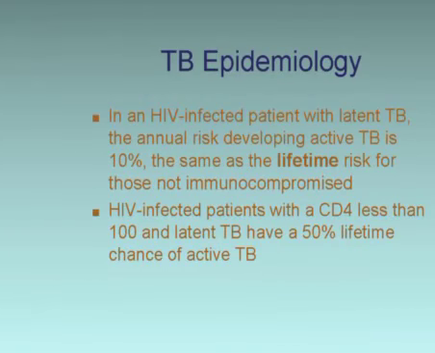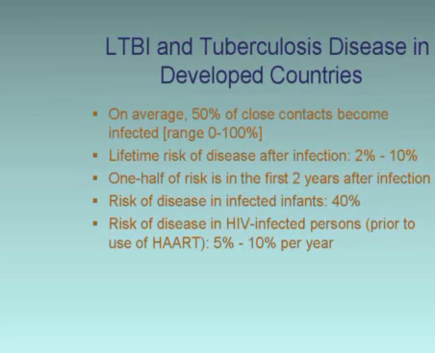So HIV-infected patients with a CD4 less than 100 have a 50% chance of getting active TB. So their chance is extremely high. Half of them will develop active TB, compared to only 10% in their entire life of somebody who's HIV negative. So that's the difference between latent TB infection and active disease in somebody who's HIV positive and somebody who's negative.